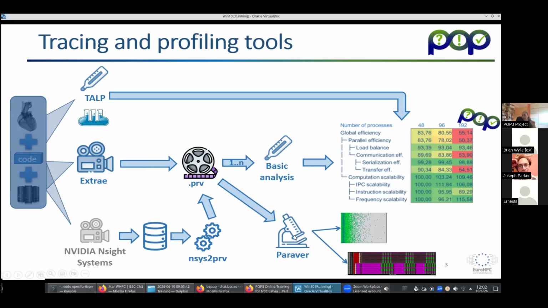This allows us to visualize it with Paraver and use all the analysis capabilities of Paraver on these traces. Today I'm going to present an example that uses TALP, Extrae, and Paraver. I'm not going to cover all the other tools, but we have other advanced trainings, if you are interested, where we explain more tools.